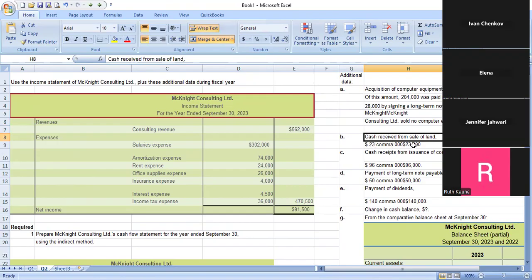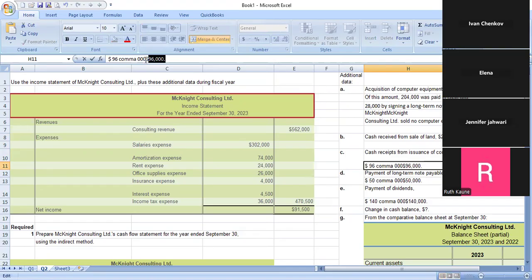Their cash received from sale of land was $23,000. So they sold that land and received $23,000. The other thing they were able to do is cash received from issuance of common shares was $96,000. Payment for the long-term note payable was $50,000.